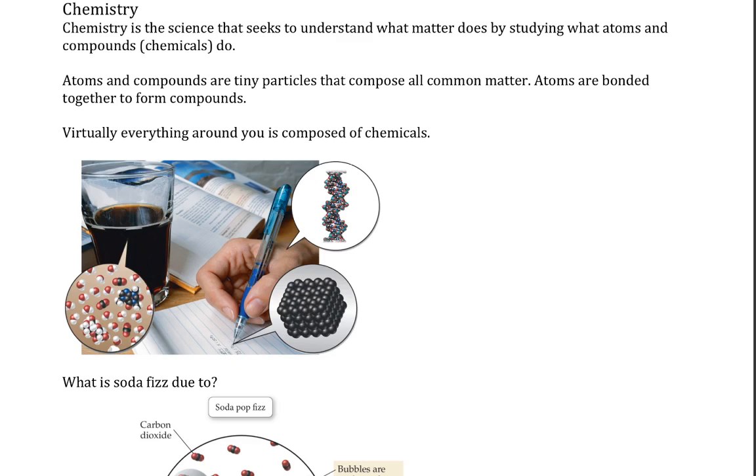The pencil lead, which is not lead at all, is actually a mixture of graphite and some other material. It is composed of chemicals. Graphite is a form of carbon, which looks like that lattice, that cube structure shown in the bottom right.